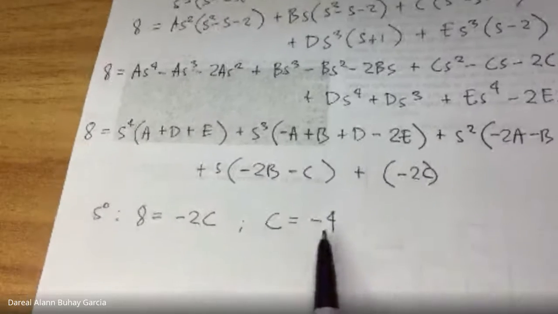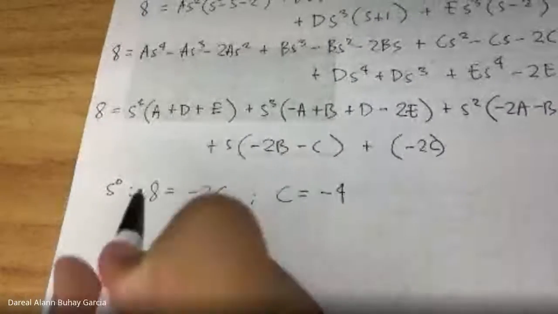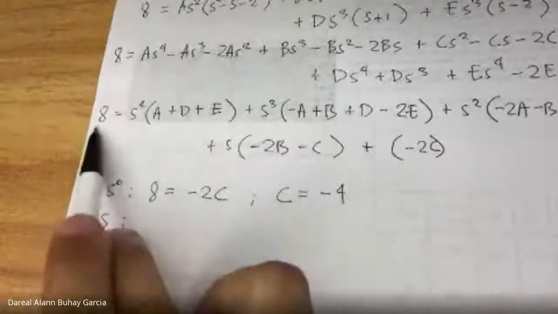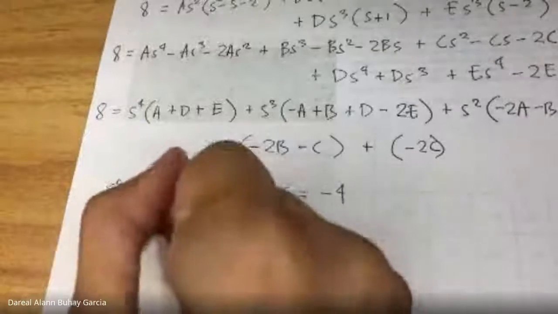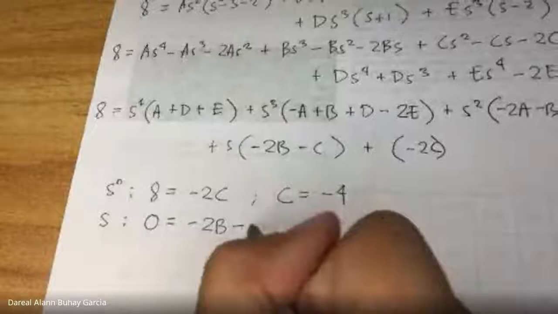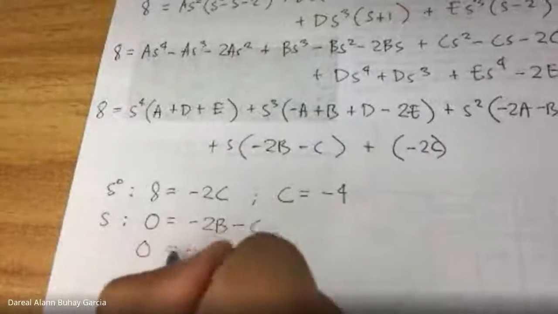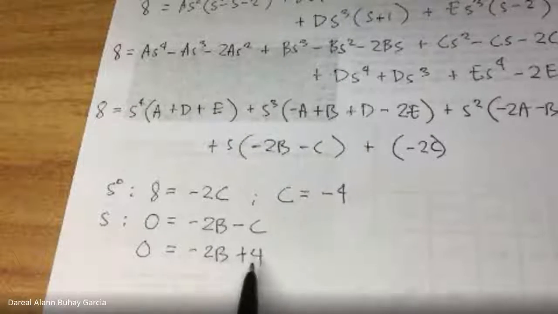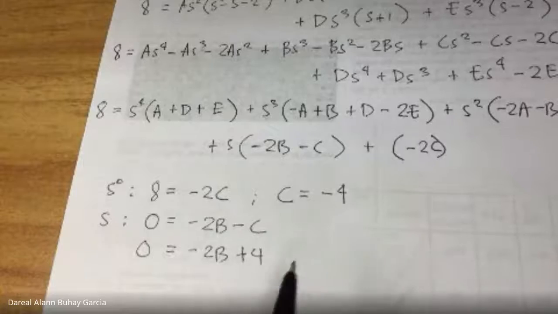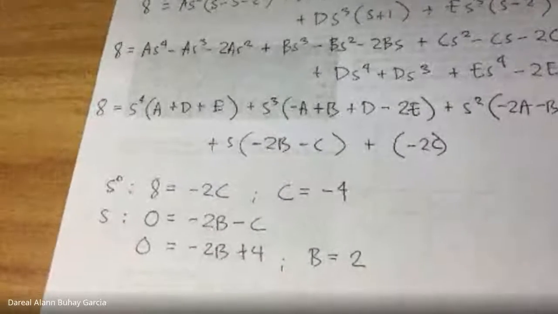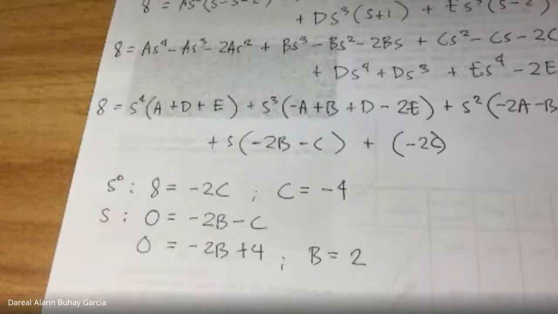Sige, I think sakto na siya eh. Next, S to the power of 1, meaning this one. Wala man sa pika side, 0. Negative 2B minus C. 0 is equal to negative 2B plus 4. C is negative 4, negative C is positive 4. Therefore, B is positive 2.